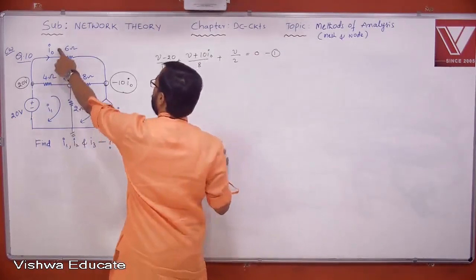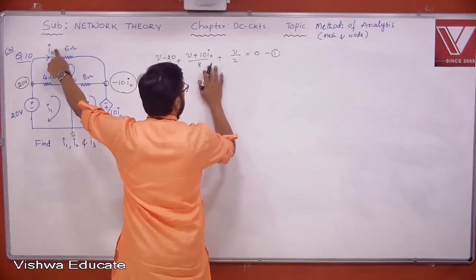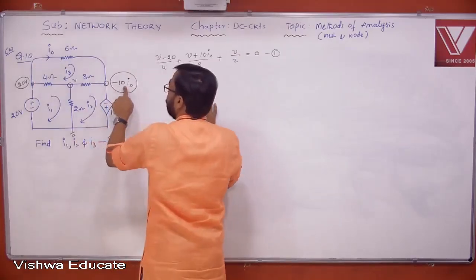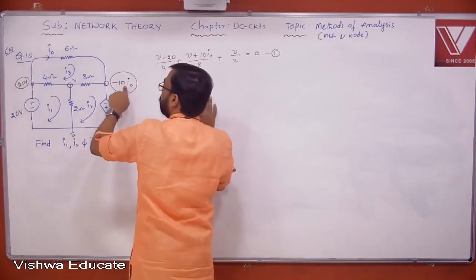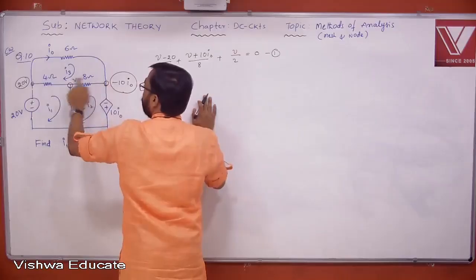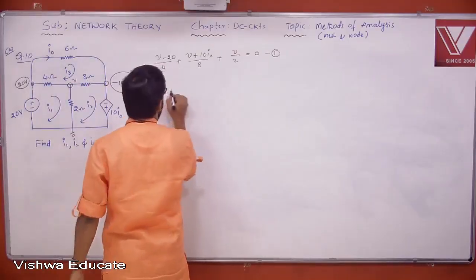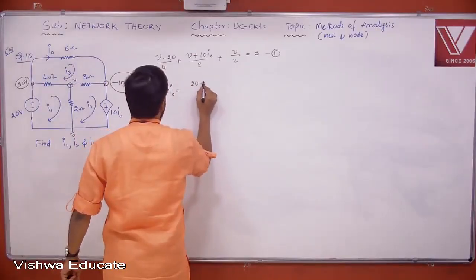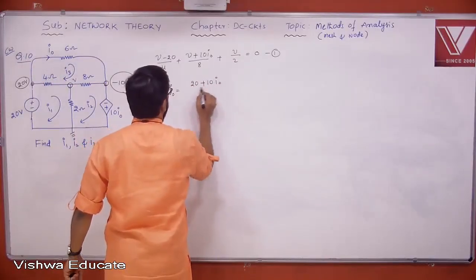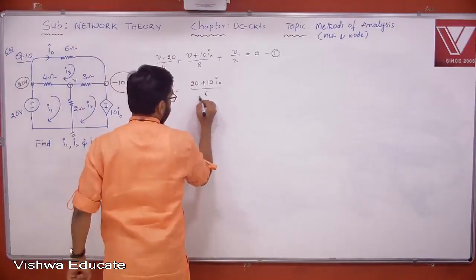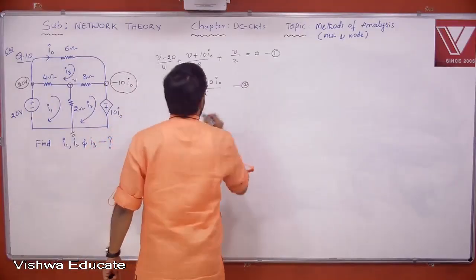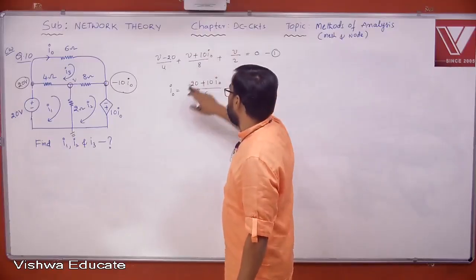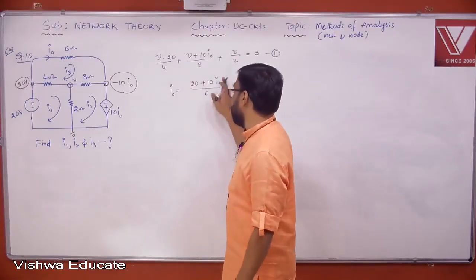You do not know I naught, right? Let's find that I naught. One more variable is here. Let's find that I naught here. I think you understand, 20 minus minus 10 I naught, these two are the 2 voltages. I think potential difference is known here. Therefore, I naught can be written as (20 minus (minus 10 I naught))/6. Okay. Luckily, in this particular context, without even looking at this particular equation, you are able to find I naught because this entire equation is in terms of I naught.